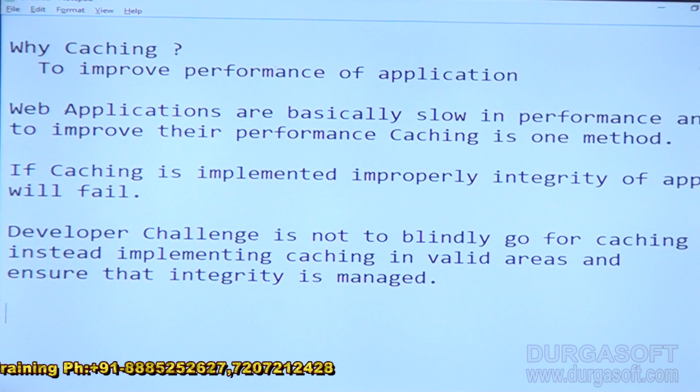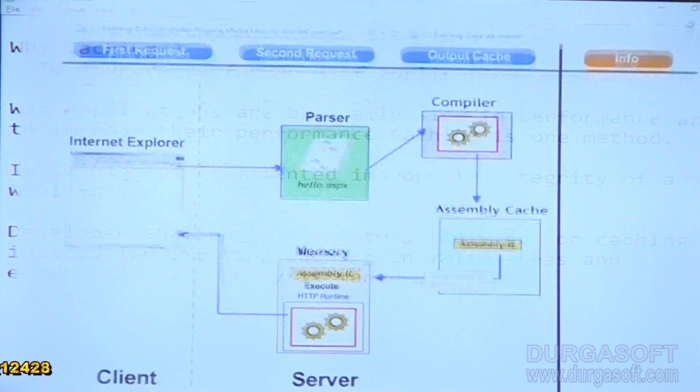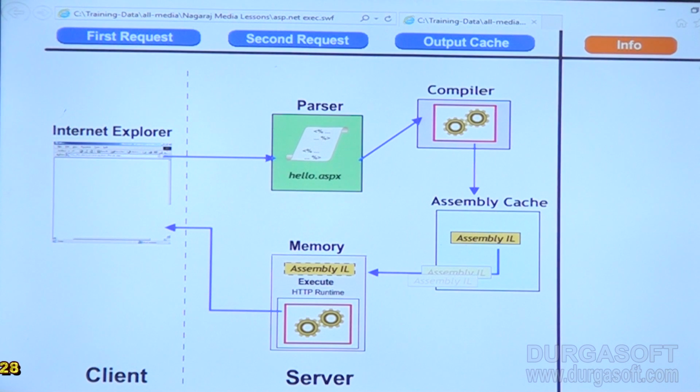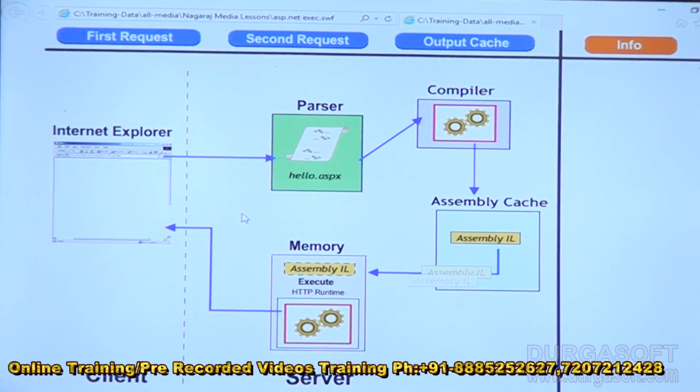Now coming to ASP.NET. Where is caching in ASP.NET? In ASP.NET, in many places you have caching. Let me quickly show you two things one by one. Look at this, everywhere there is caching.